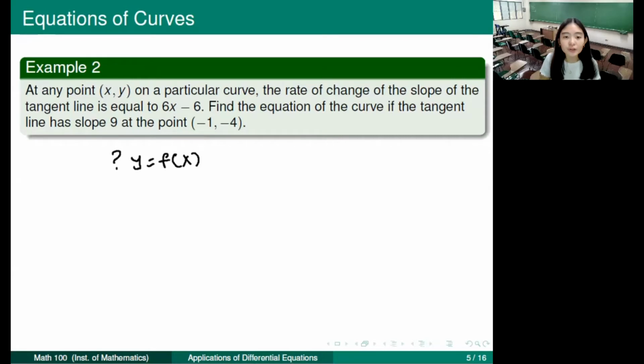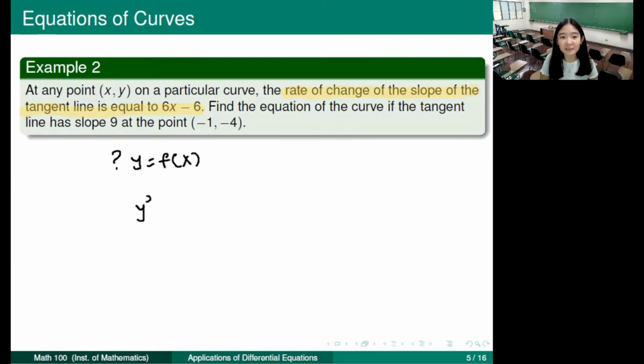And then, ano yung mga conditions na dapat sinasatisfy ng ating curve? Una, okay, dapat ang rate of change of the slope of the tangent line is 6x minus 6. Wow. So, i-analyze natin itong phrase na ito. Ano bang sinasabi nito? Well, yung slope of the tangent line, alam natin na yan ay precisely the derivative, no? So, dy over dx siya, or I'll write it here as y prime.